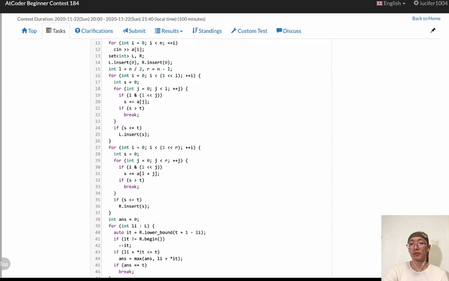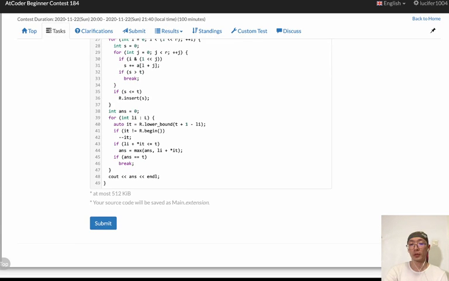We just generate L, generate R, then finally we try to merge L and R. We enumerate Li from L, and we try to find the suitable Ri using the lower bound method of set, and update our answer.